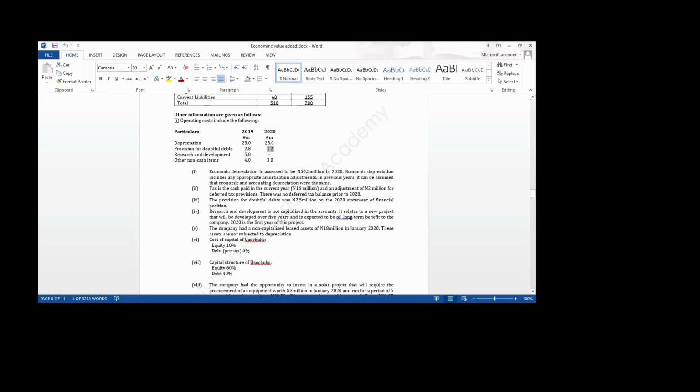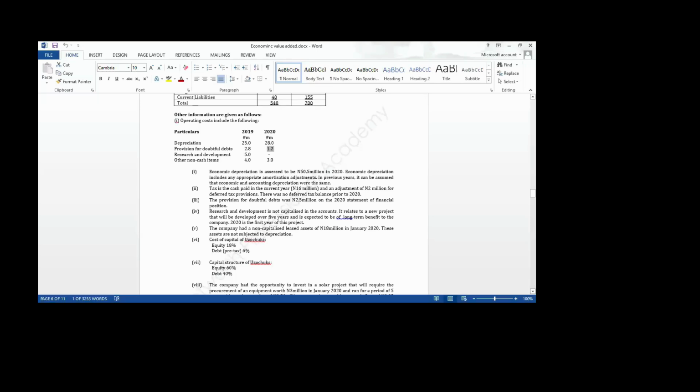That research and development cost should have been treated as a capital expense. Look at it. It relates to a new project that will be developed over 5 years and is expected to be of long-term benefit to the company. 2020 is the first year of this project.